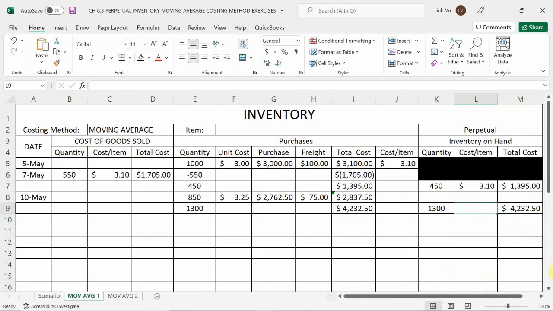And now I'm going to solve for my average cost per item. So what is 4,232.50 divided by 1,300 units? What's my average cost per item here?